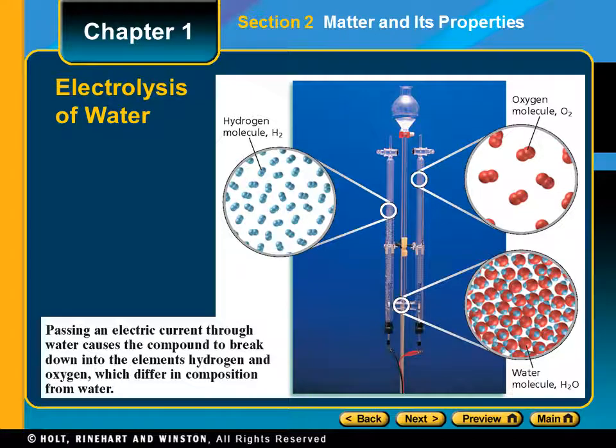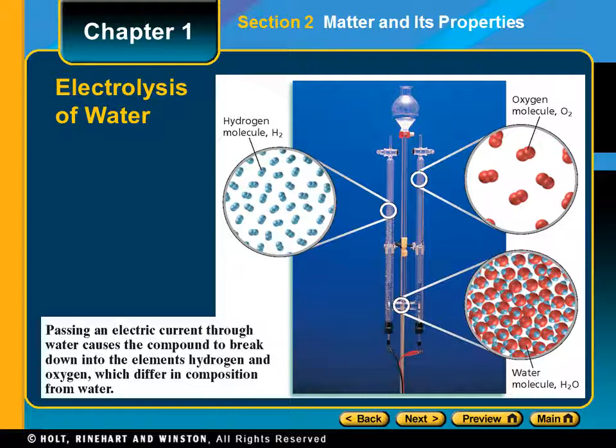Another example of this is electrolysis. I'm hoping that we can do a lab that actually lets us attempt to do electrolysis. But if you take water and you run a cathode and an anode, basically passing electric current through the water, it actually causes the water to break up into its component parts, and you can actually collect oxygen and hydrogen separate.